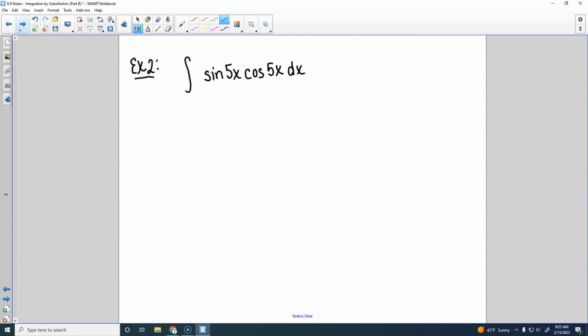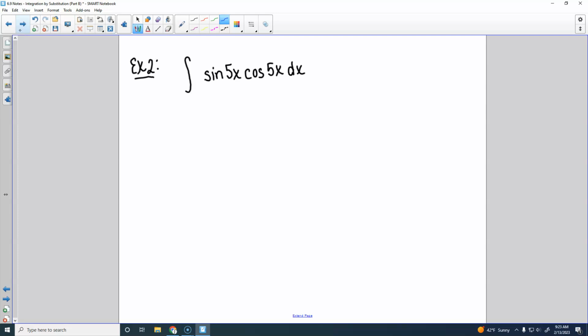Here is our next one that is a little bit more complicated. When we look at this one, we have the integral of sine 5x cosine 5x.